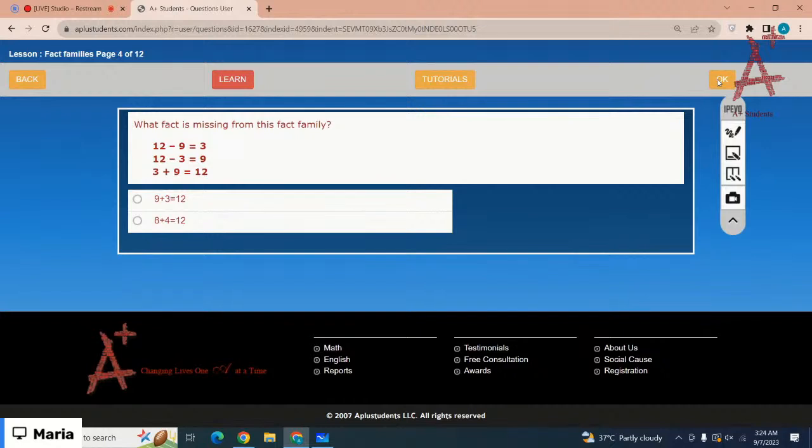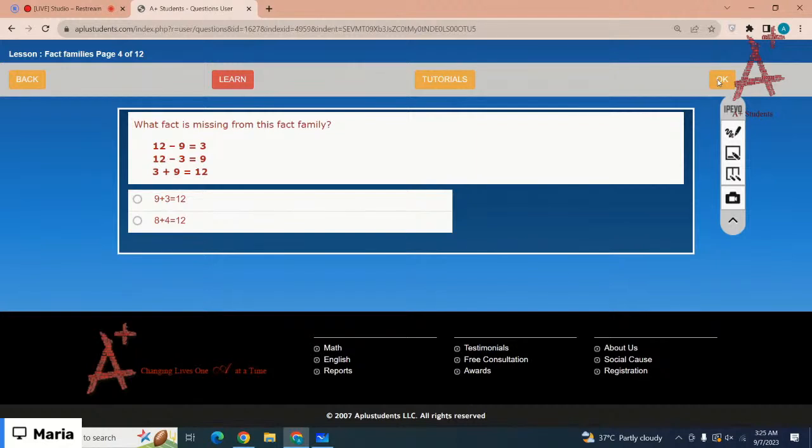What fact is missing from this fact family? So which is the correct option? You can see you are given two of the subtraction sentences, right? For addition, you are given just one sentence.